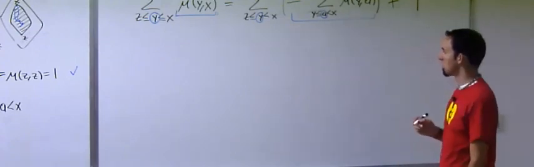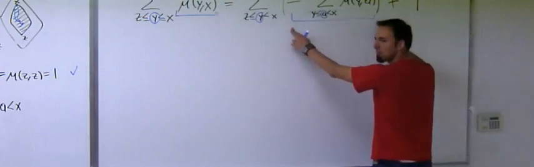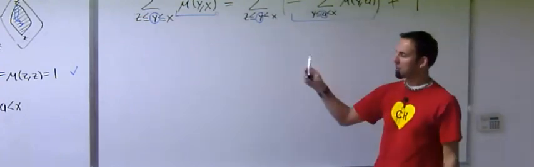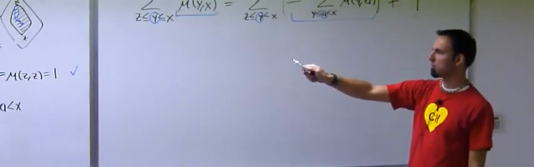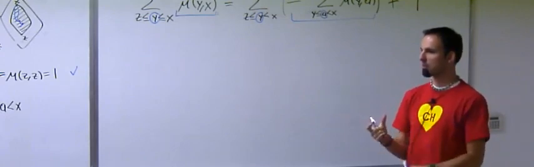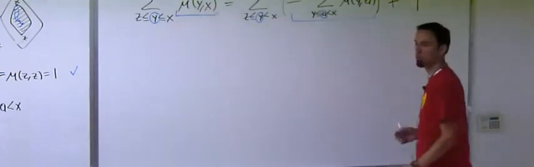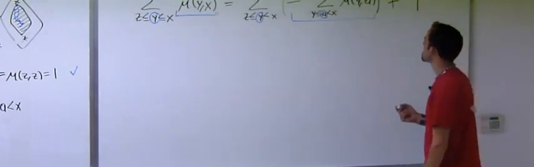So what I said is this, that I'm writing mu of y comma x as minus this big sum. But if you look at my defining recurrence over there, I can only write mu of something comma something equals minus a sum, where the something comma something are different things. Y and x are different things. If they're equal things, in the case y is equal to x, I just get 1. So that's that one. Okay.